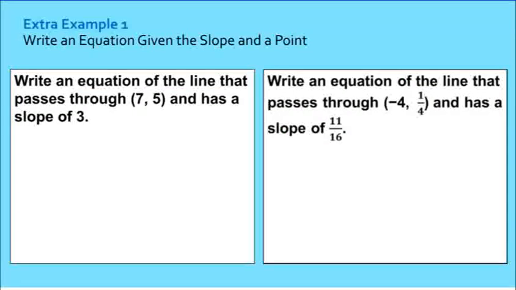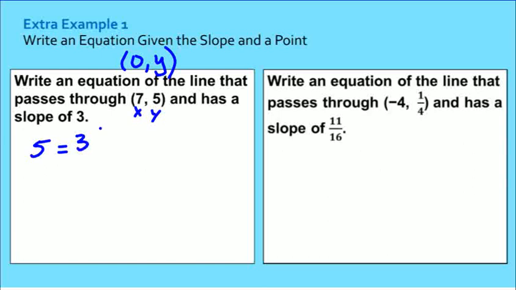Example, write an equation of a line that passes through 7, 5 and has a slope of 3. Again, here's my x and here's my y, so I need to find the y-intercept. By the way, you will know if you have the y-intercept as the point because it would be in this format, 0, comma, whatever your y value would be. Since we do not, we need to substitute 7 and 5 in for x and y.